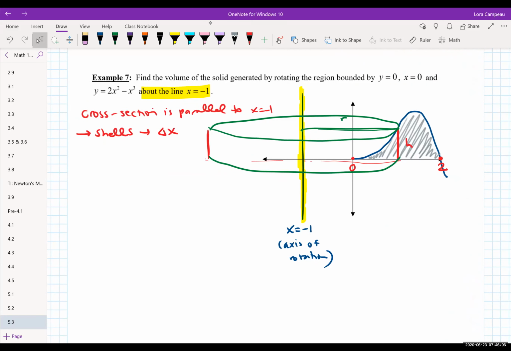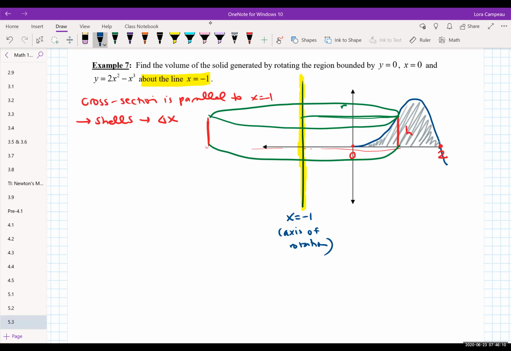Okay, now if we go through this, we have volume of 1 shell equals 2 pi r h times your thickness. We already know the thickness is delta x.